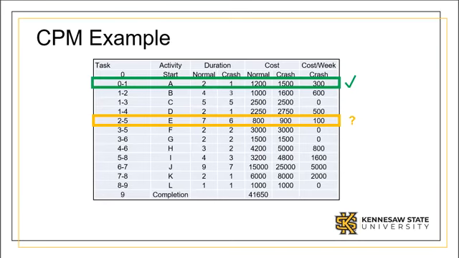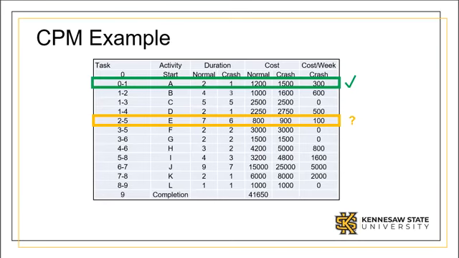Recognize that some activities on the critical path cannot be accelerated. In other words, the normal time and costs are the same as the crash times and costs. The best choice is to accelerate activity A by 1 week.